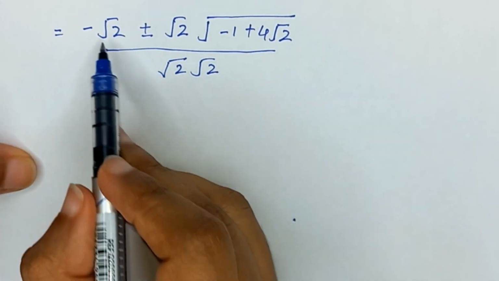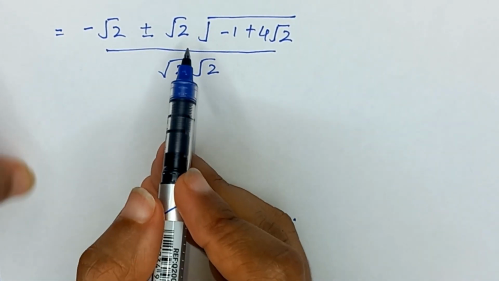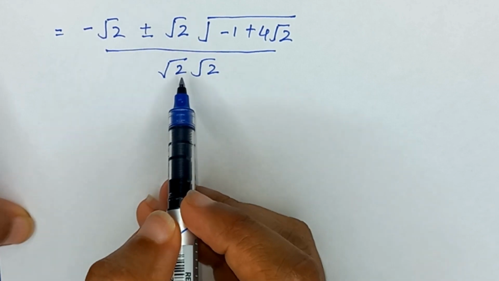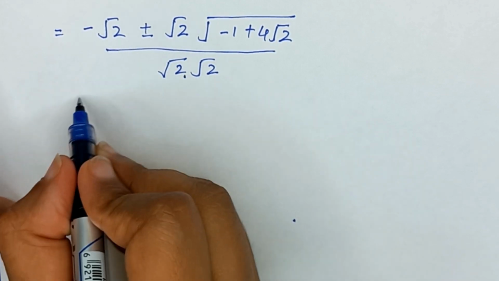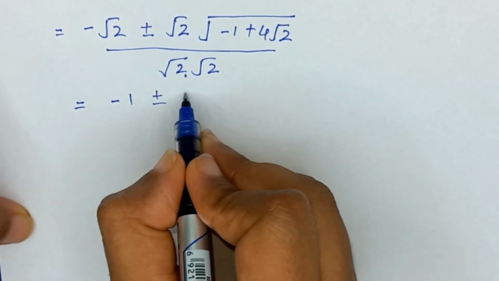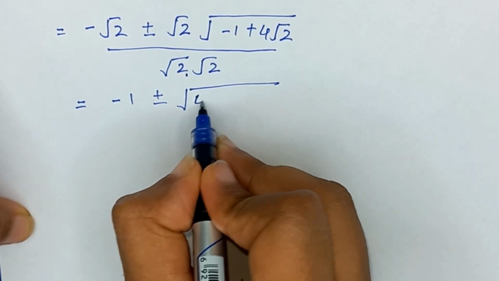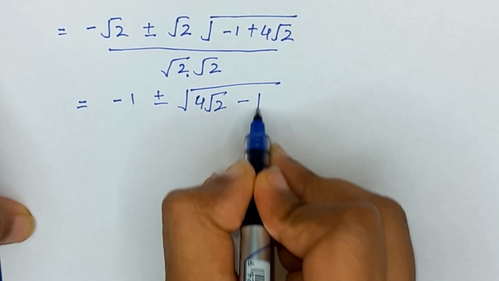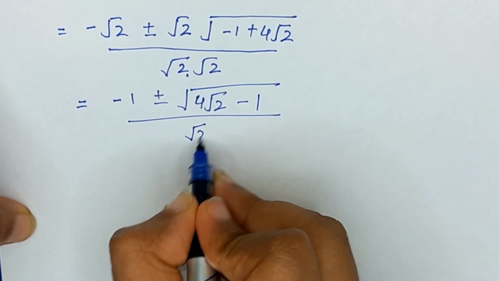Okay, so in both terms we have square root of 2 common. So when we take square root of 2 common, this square root of 2 and this square root of 2 will be cancelled out and it will become negative 1 plus minus square root of 4 square root of 2 minus 1 divided by square root of 2.